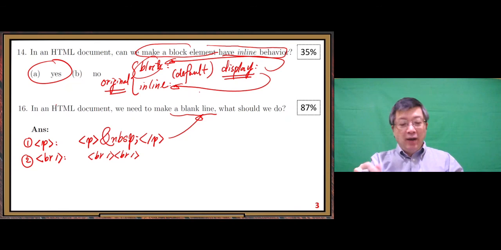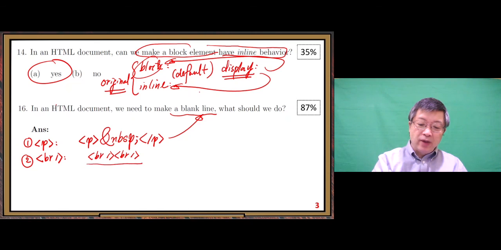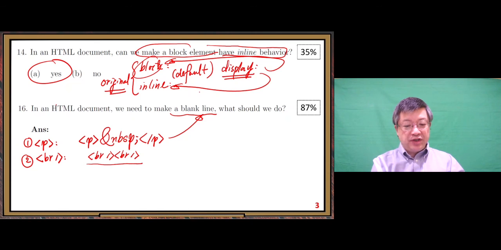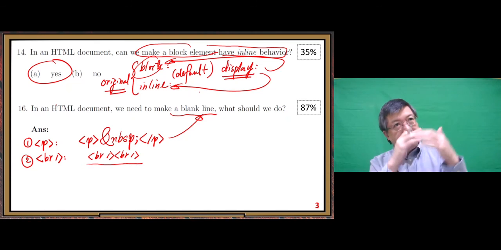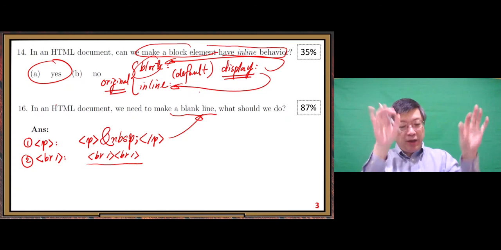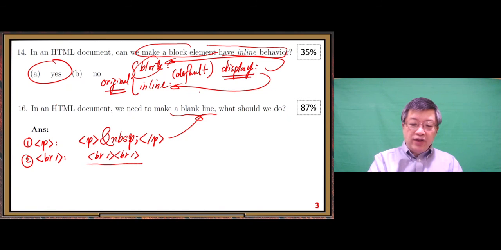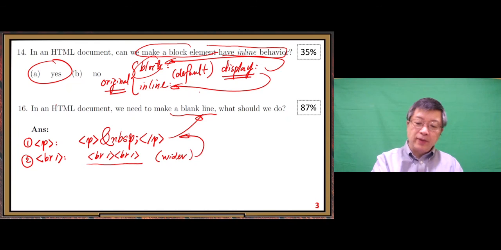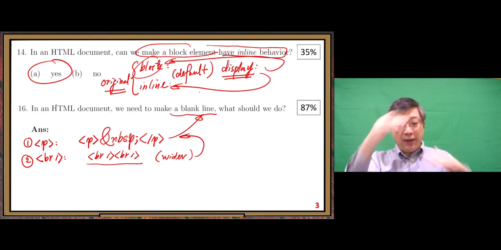But after you use the second way, there is some difference from the first way. Although you see some blank space, this one will be wider than that one. The gap is bigger.